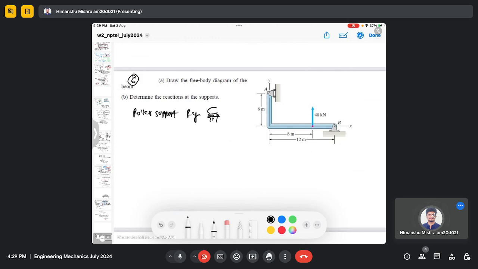The roller is this, because it can move in the x direction, and the only reaction force is Ry. If you have a pin joint, then the translation motion is constant, and you can have reaction forces Rx as well as Ry for the pin support.